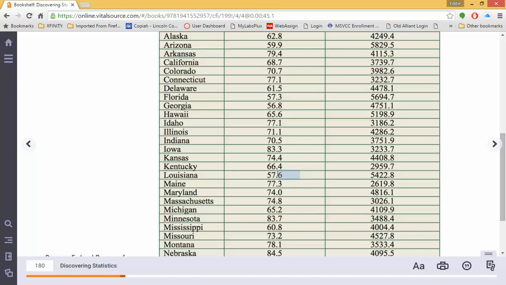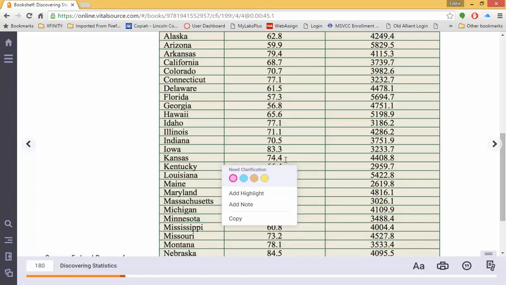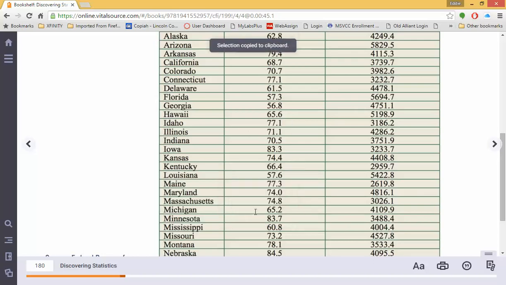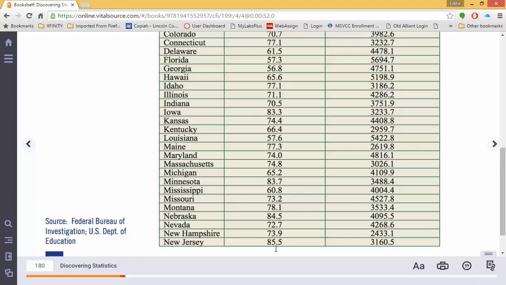At least we beat out Louisiana and Tennessee, but we didn't come anywhere close to some like Iowa, Connecticut, Minnesota, Nebraska, New Jersey. See, those have pretty high graduation rates.